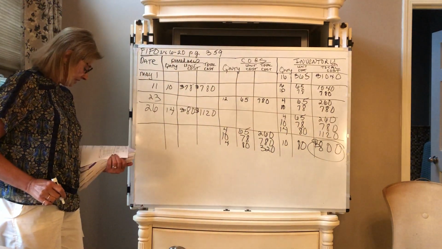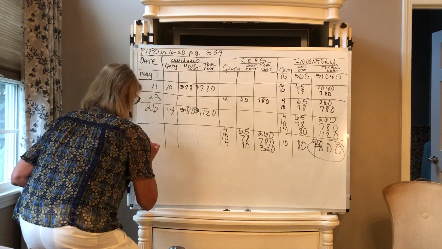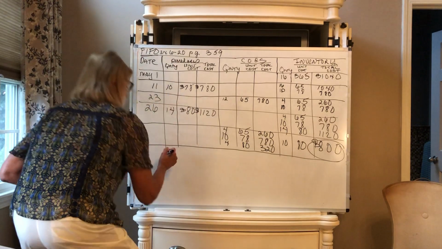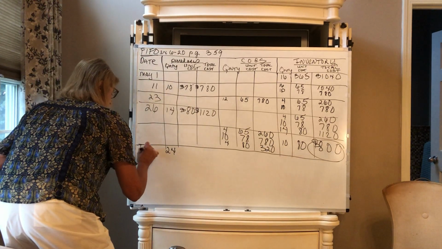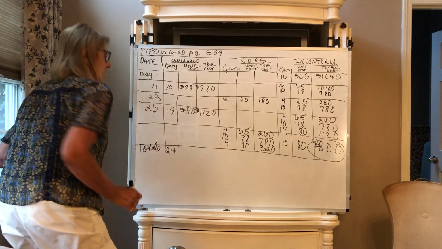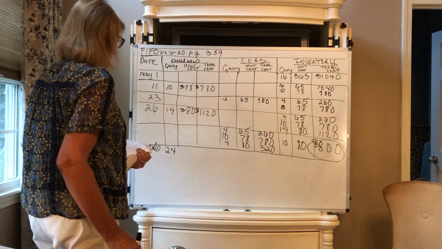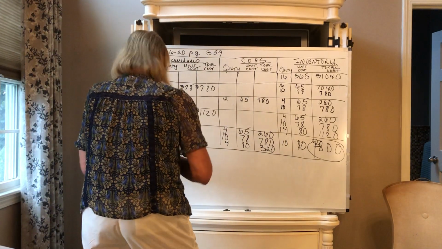Okay, so let's do our totals. We bought, let's see if I can make a nice straight line. I'll do my best. We bought 24 units, as our totals. And we paid for those units $780 and $1120, 1,900.